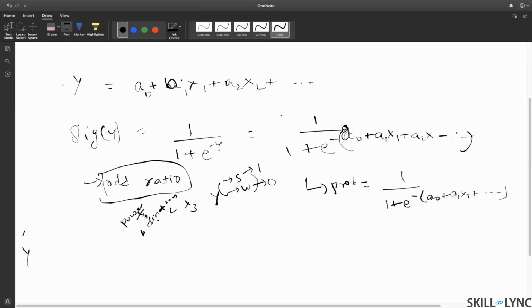So let's say x1 is your power, x2 is the dimensions of the AC, and x3 is how efficient your air conditioner is, based on some other properties. Sorry, not refrigerator, my bad, air conditioner.